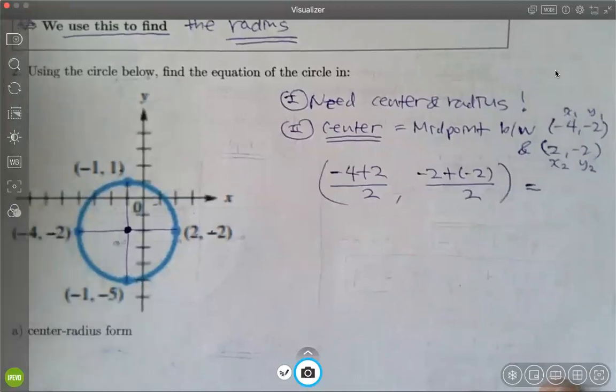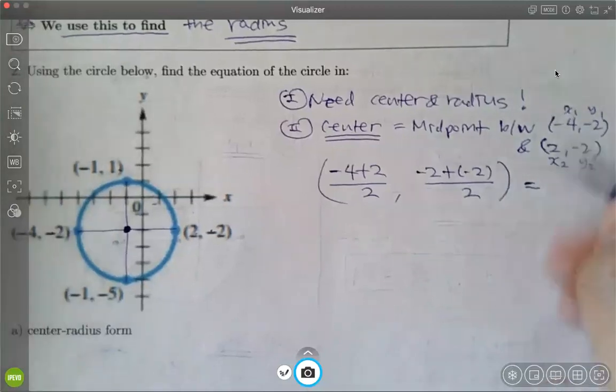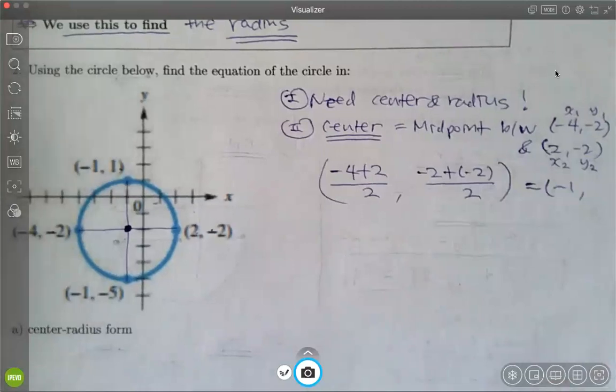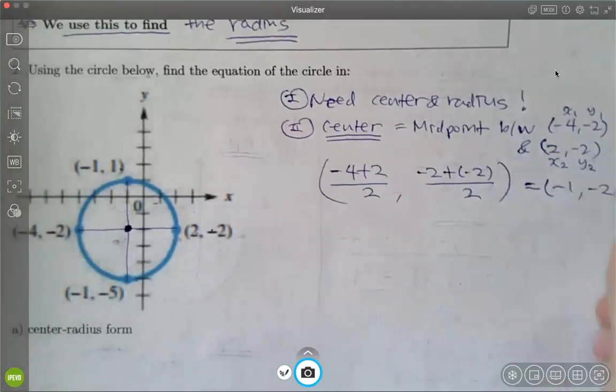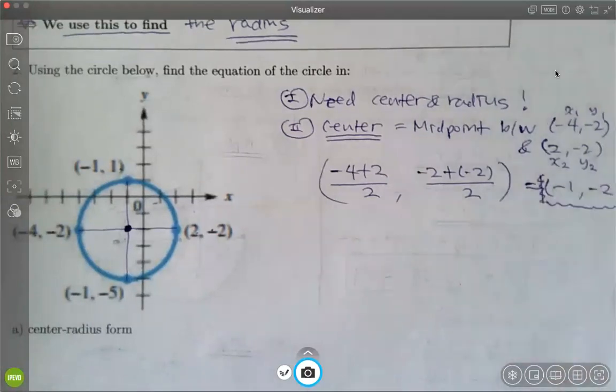So what is -4 plus 2 all over 2? -1, thank you. And -2 plus -2 all over 2 is -2, right? So the center is at -1 comma -2.